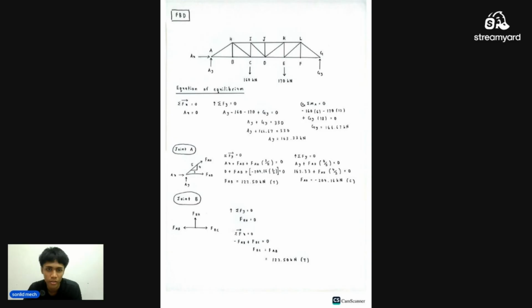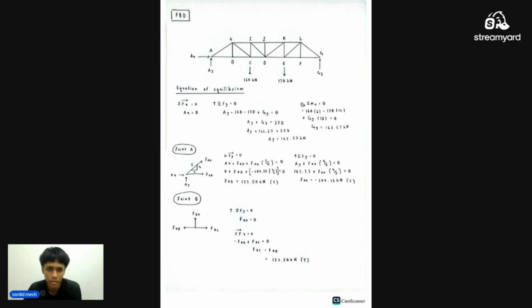So after that, we need to do the equation of equilibrium. Total Fx equals to 0, Ax equals to 0, and we can find the value of Gy using the total moment of A equals to 0. And then we get the total Gy value is 166.67 kilonewton.